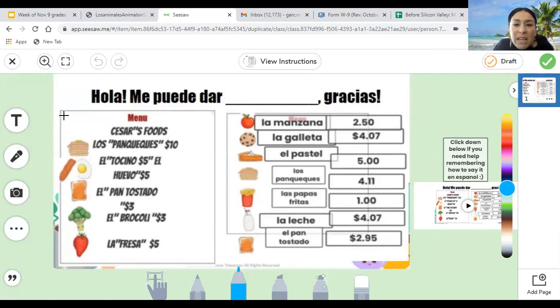Make sure that you say them in Español. Practice a couple of times before you hit that record button. And estudiantes, if you forget how to say something in Español, you can just press right here, this little play button. And I helped you out a little bit. Listen to my recording so you remember how to say those things in Español.